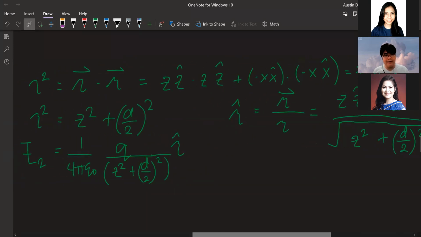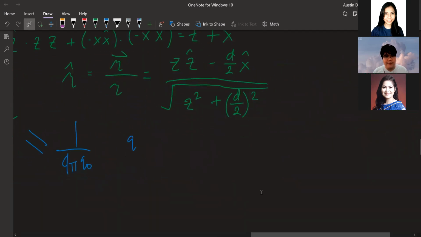Okay, so we plug in itong thing natin to dito. Inisog ko lang dito para malinis na tayo. 1 over 4 pi epsilon naught q. I move my things a bit. Okay, q. And then z squared plus d over 2 squared.